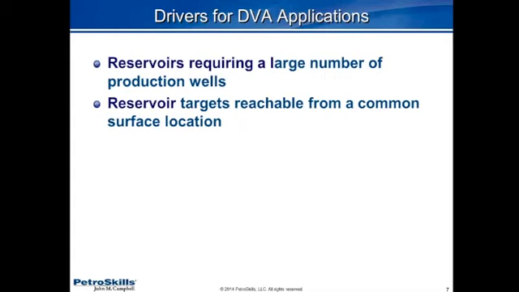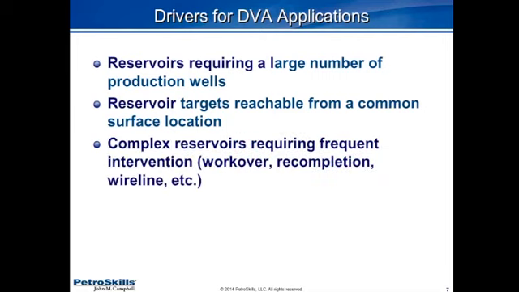More commonly, these reaches are on the order of 4 miles, so relatively small ability to reach distant targets. Thus, the DVA application is only practical or useful when you have the target reservoirs within this drilling radius.